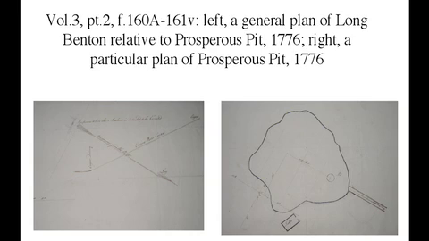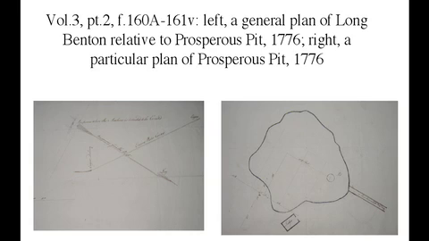A more detailed plan of the pit, that's the one on the right, showing the rise of the ground, was also made. There were also plans of the foundations for the water gin used to draw coal and of the old steam engine used for draining the mine. These all provided the context for the design of the new steam engine.